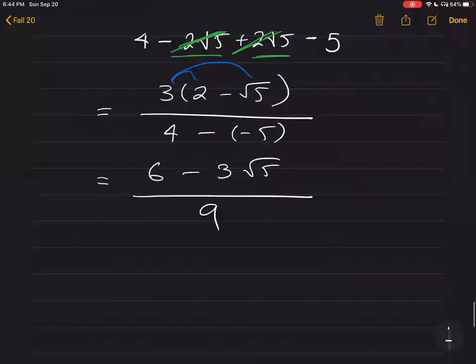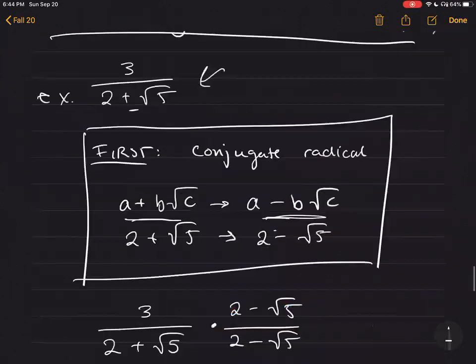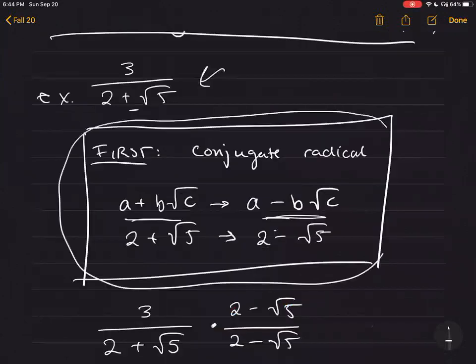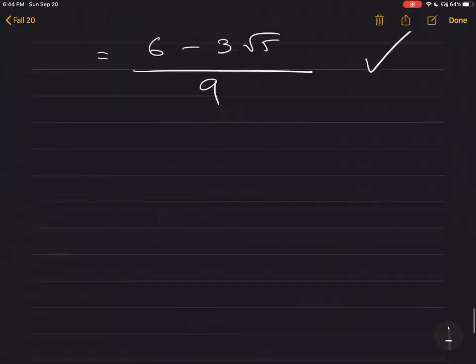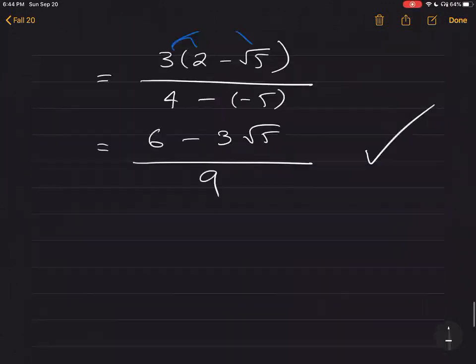And then you can actually end up simplifying this further, but this is where I'm going to stop for now because this is really the meat of the problem here. Okay? This could be simplified further though.